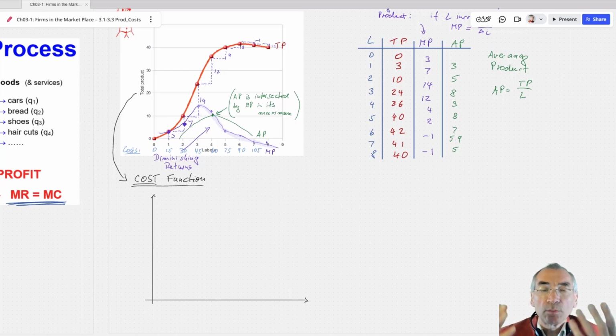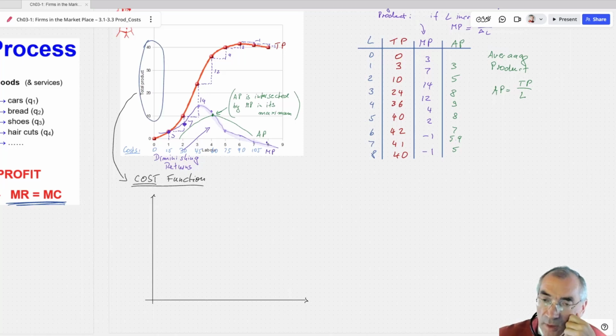Transferring this function basically means exchanging the axes, because now we put the quantity as the independent variable and the cost as the dependent variable. So the quantity goes down to the horizontal axis and the costs go to the vertical axis.